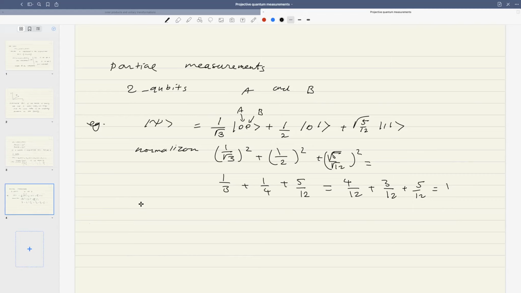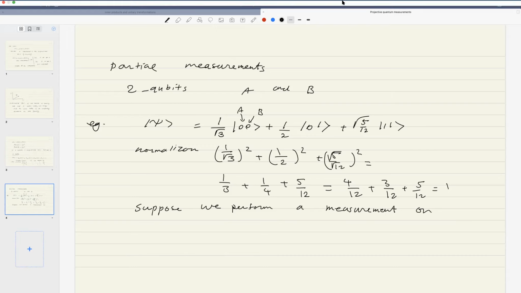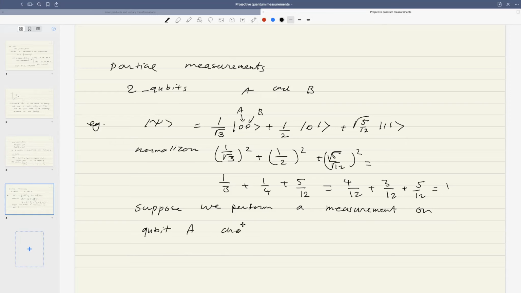So suppose we perform a measurement on qubit A and get 1.